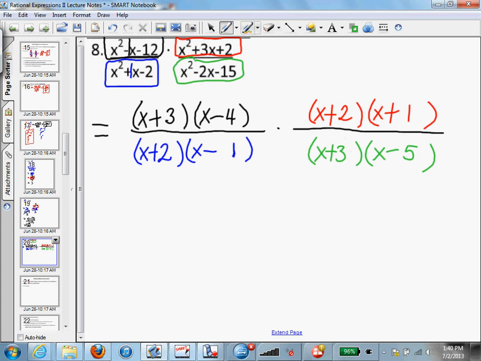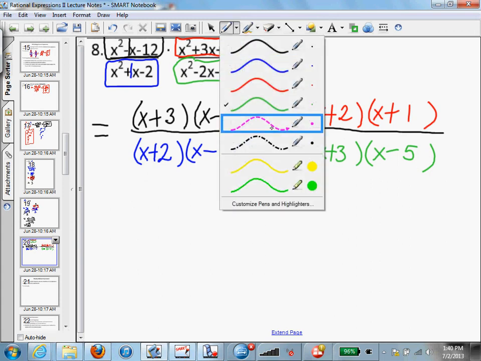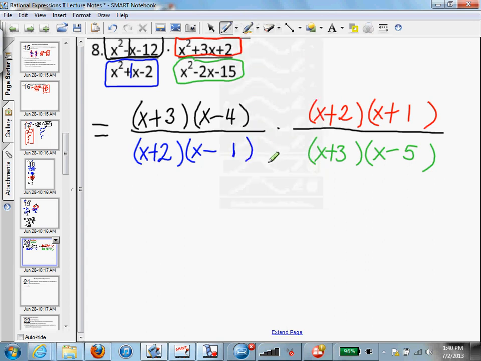Okay, so now let's go through and identify what occurs in either set. x plus 3 does not occur on the bottom, it occurs on the top, and diagonally it occurs right here.